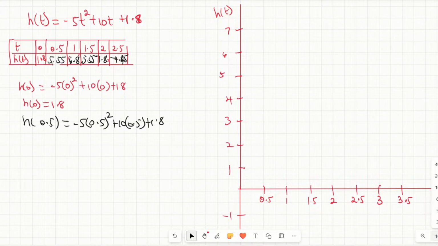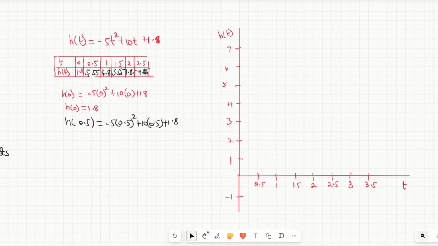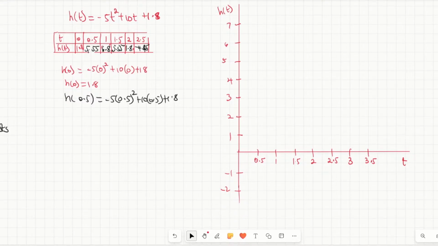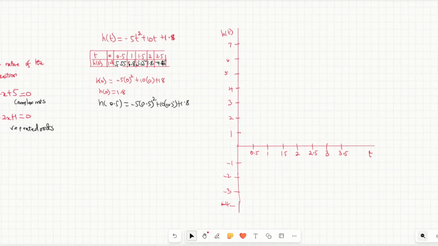Let me reduce this so that I can actually look at the negative side. So we can have negative 2 here. We can move down and have negative 3, negative 4, and then let's reduce this further, so we can have negative 5 here.